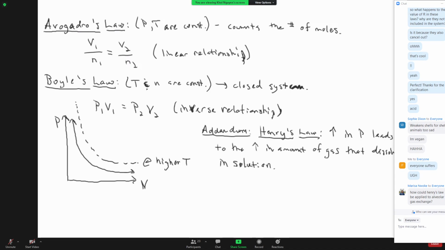You feel this compression and that increased pressure. The gases inside your lungs, the nitrogen, oxygen, carbon dioxide, are all getting compressed, and that increase in pressure is now pushing those gases into solution, right? And so now you have gases inside your bloodstream.